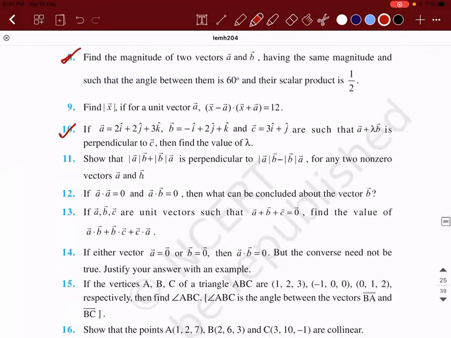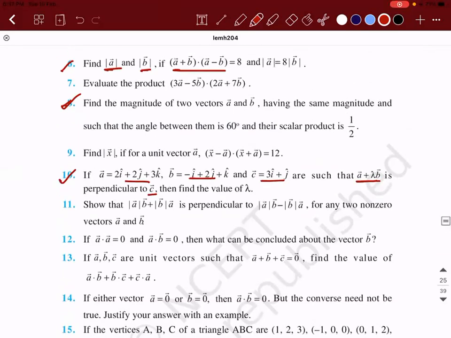Tenth one, a vector is this much, b vector is this much, c vector is this much, such that a plus lambda b is perpendicular to c. Then find the value of lambda. So a plus lambda b is (2 minus lambda) i cap plus (2 plus 2 lambda) j cap plus (3 plus lambda) k cap.